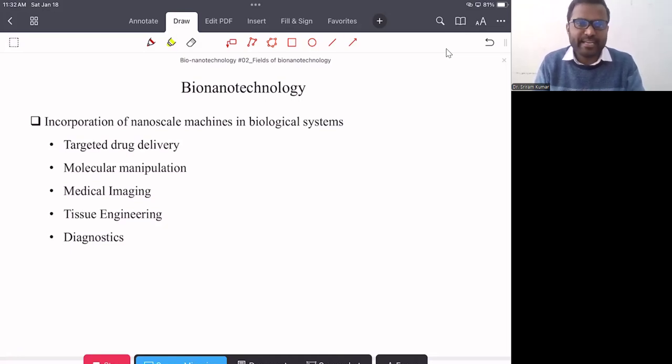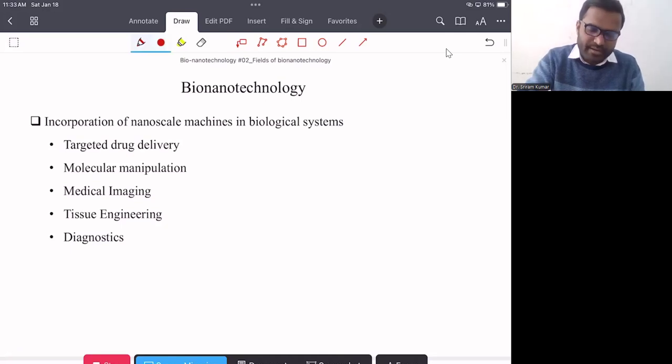Let's first understand the incorporation of nanoscale machines in the biological system. In this particular approach, we are going to understand how nanoscale-based machines or particles can be used to understand the biological system.